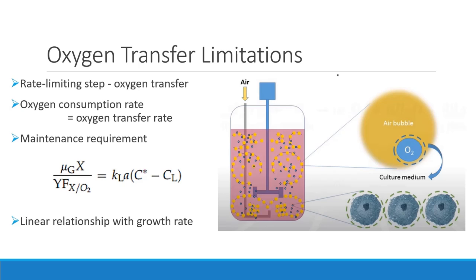Among the various methods used to overcome dissolved oxygen limitations are the use of oxygen enriched air or pure oxygen, and operation under high atmospheric pressures of 2 to 3 atmospheres. Oxygen transfer has a big impact on reactor design. The maximum or saturation oxygen concentration is a function of temperature, oxygen pressure as well as the medium composition.